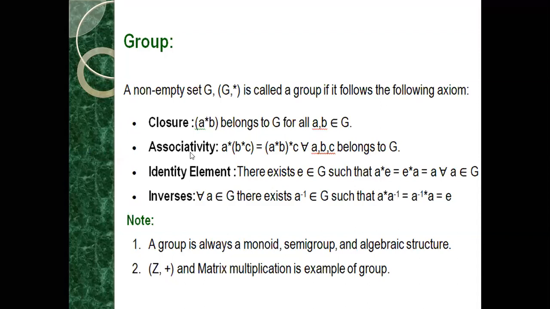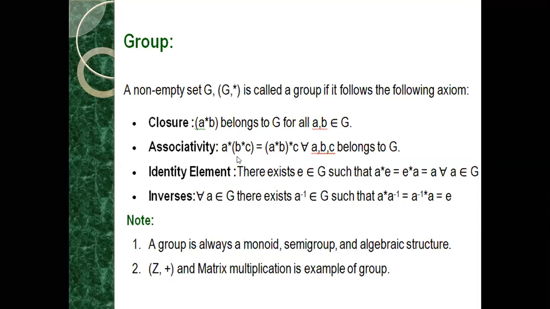Next, second one, associative. (a star b) star c is equal to a star (b star c) for all a, b, c belonging to G. If we take three elements a, b, c, it satisfies the condition, then the set has the associative law.